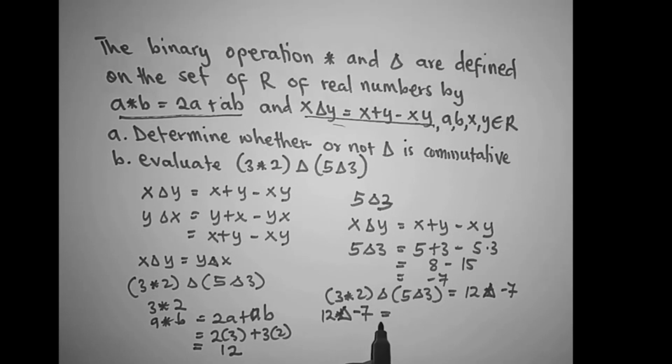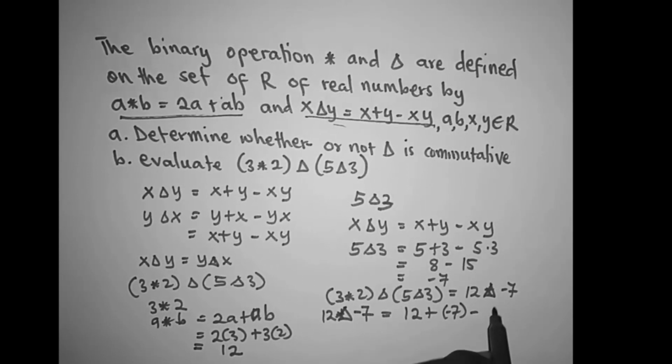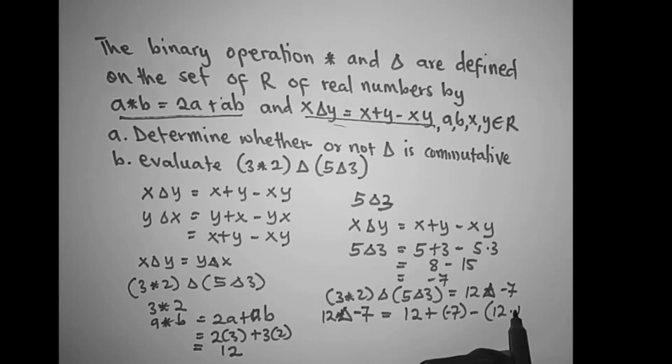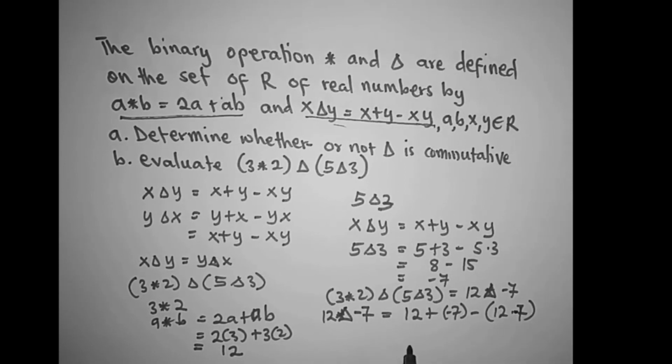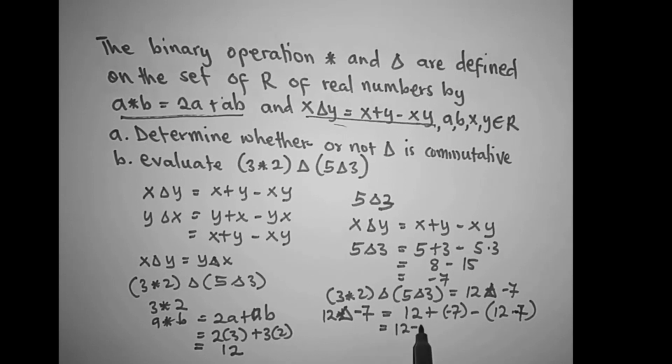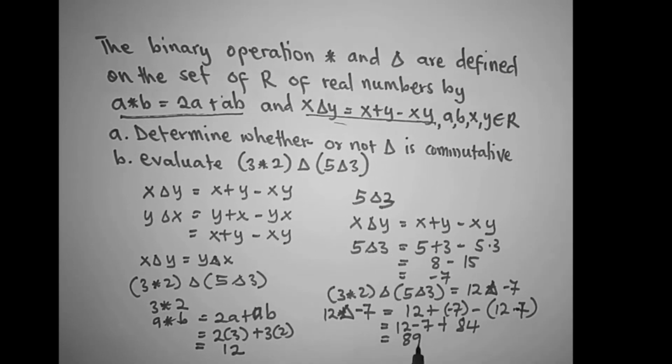And that is equal to 12 plus minus 7 minus, in one bracket, 12 times minus 7. So this becomes 12 minus 7 plus 84. So the final answer becomes 89.